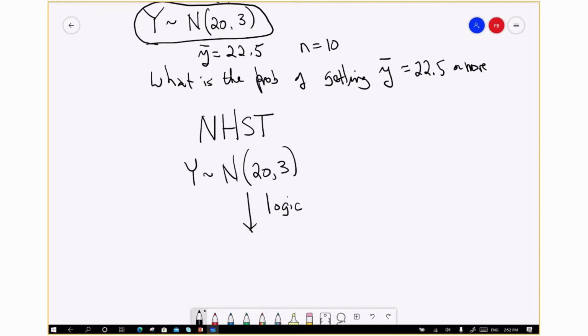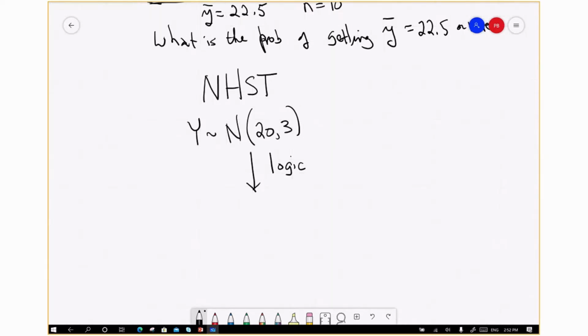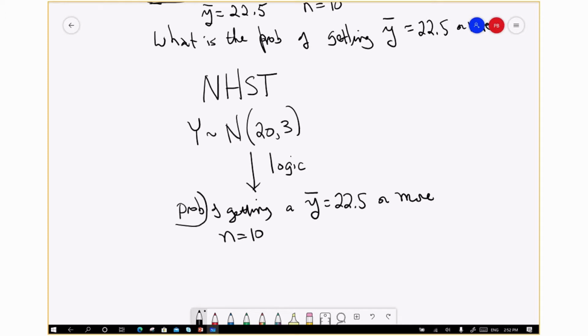We're going to calculate the probability of getting a mean y bar equal to 22.5 or more based on a sample size of 10. This probability we often refer to in statistics as a p-value. And we're going to examine our p-value.